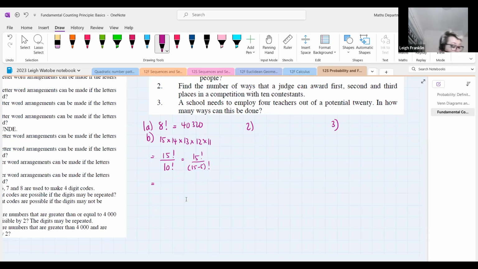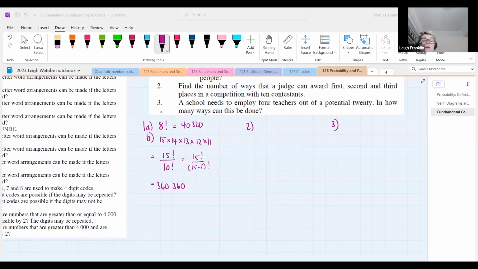So that would be 15 by 14 by 13 by 12 by 11, which is 360,360.